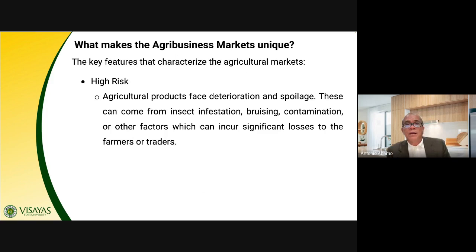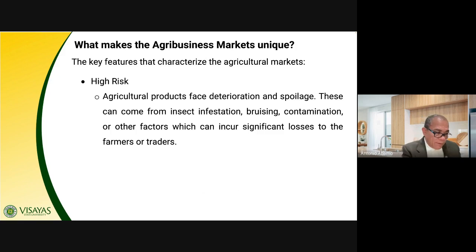And another thing, the agribusiness market is confronted by high risk. Products are so perishable, we need to say, they get spoiled very quickly. Naturally, it will complicate the distribution process. Not only highly perishable, but its biological nature will also endanger the product that moves along the value chain.